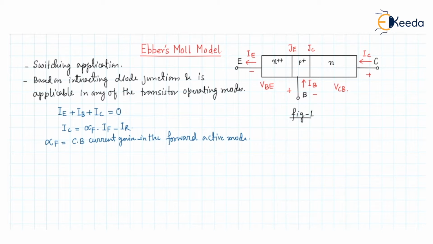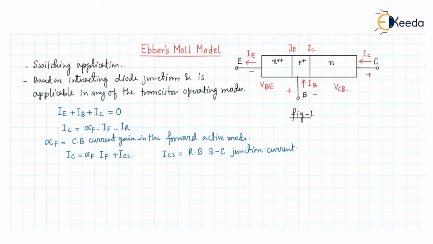In this mode, IC can be further written as IC equals alpha F into IF plus ICS, where the current ICS is the reverse bias BC junction current.